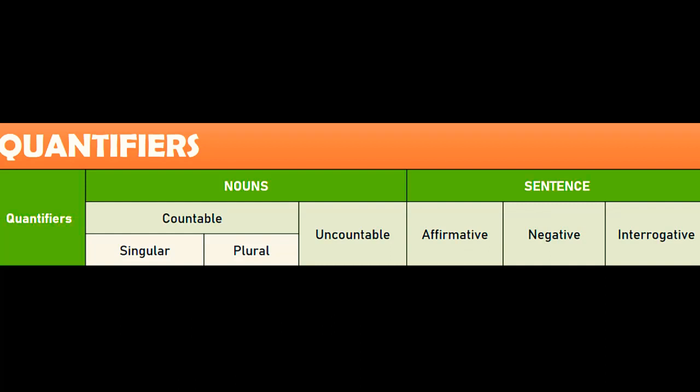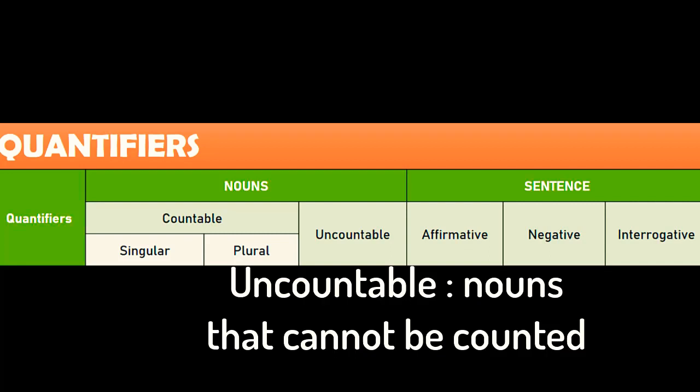The first part is singular countable nouns, meaning a single noun or one thing, while plural countable nouns mean more than one. The second one is uncountable nouns, nouns that cannot be counted. Remember, they are always singular, like sugar, sand, or salt.